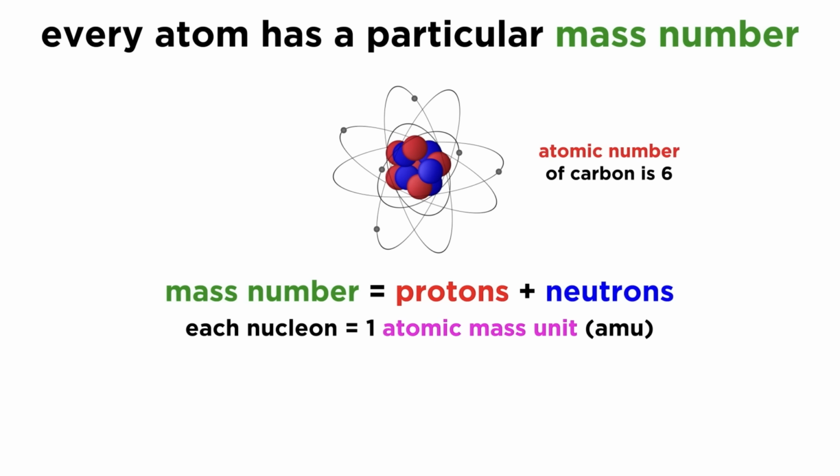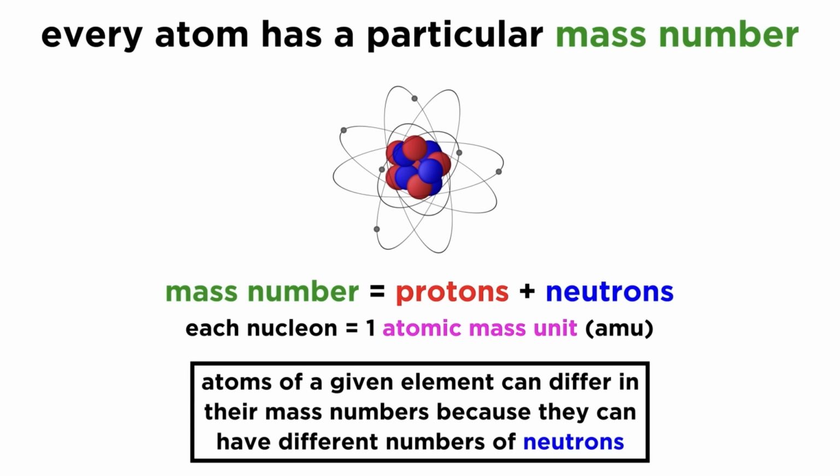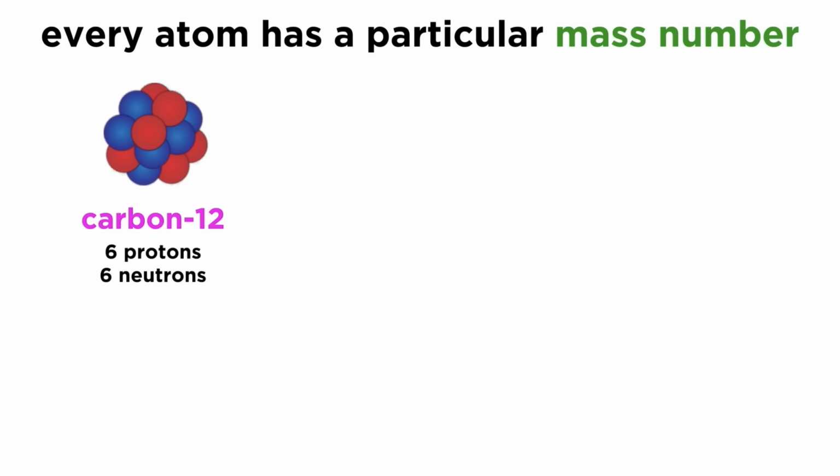However, although every element has a particular atomic number, elements do not have a specific mass number, because unlike the number of protons, the number of neutrons in the nucleus can vary for any given element. For example, carbon typically has 6 neutrons, which combined with the 6 protons will produce a mass number of 12.